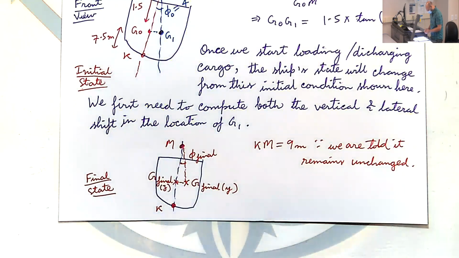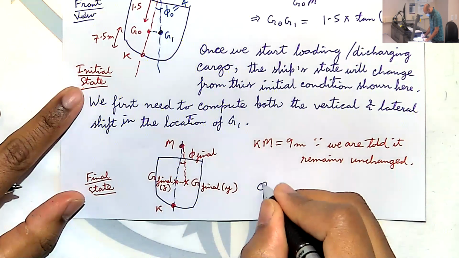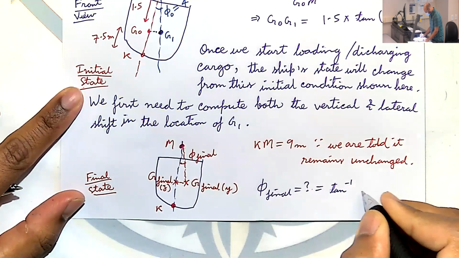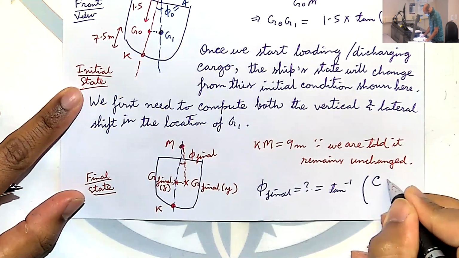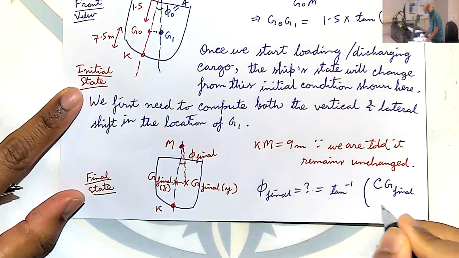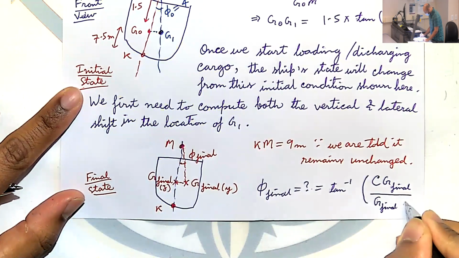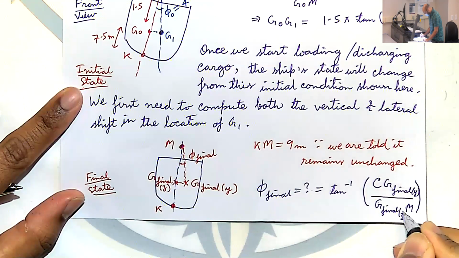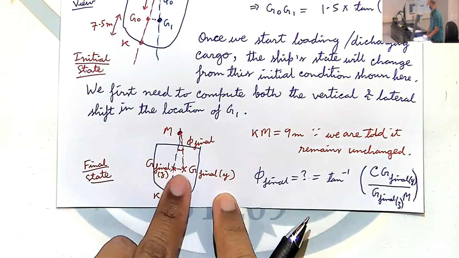All right, so this phi final that we're trying to find is basically tan inverse of CG final over G final M. I'll just mark it CG final Y and G final Z M. So CG final, remember, gives us the lateral displacement from the center line.